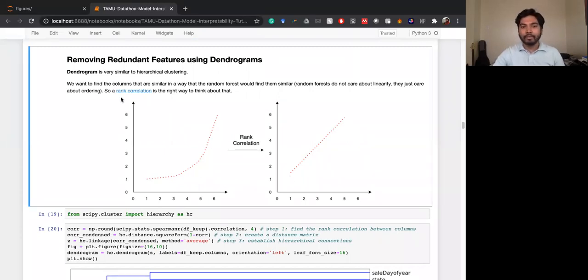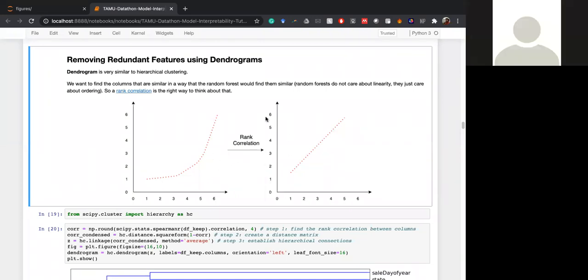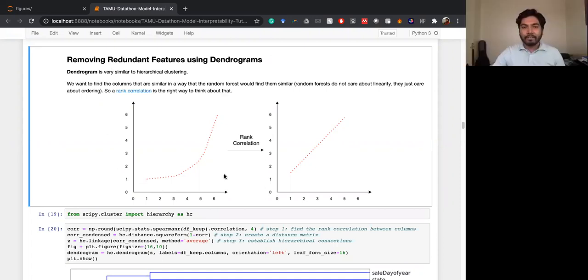So we use something called rank correlation to convert our data. On the left, you can see the original data set, which is nonlinear. After rank correlation, it becomes almost linear. Basically, you plot the order of the samples in rank correlation.